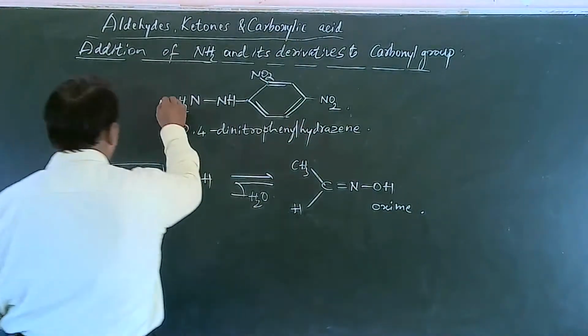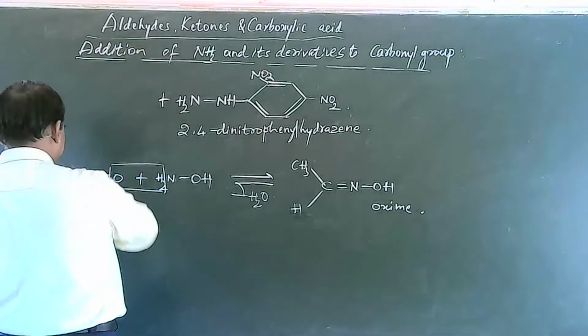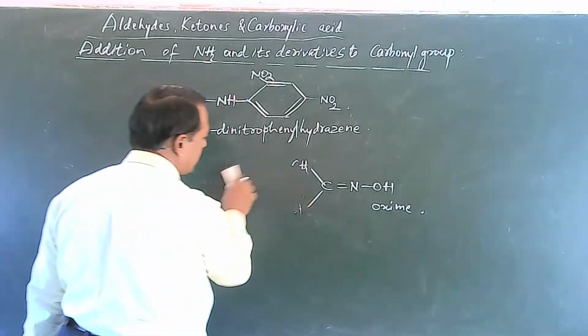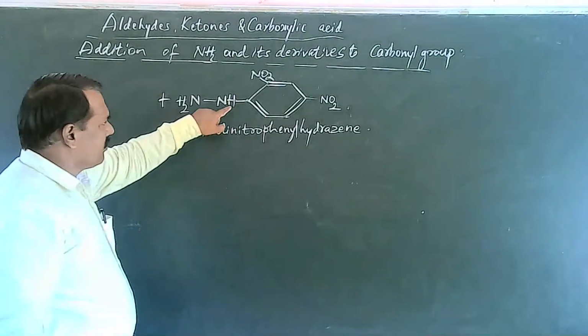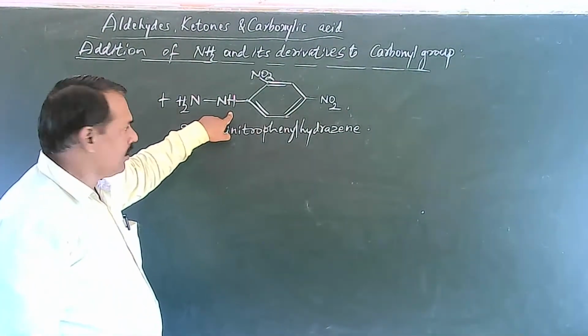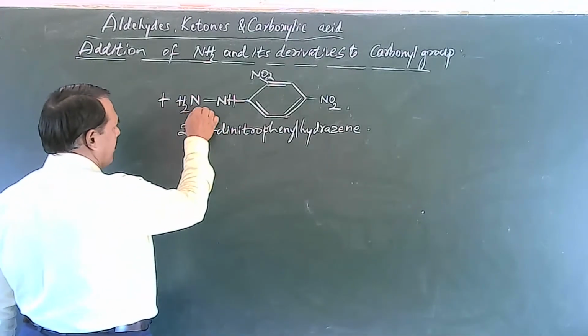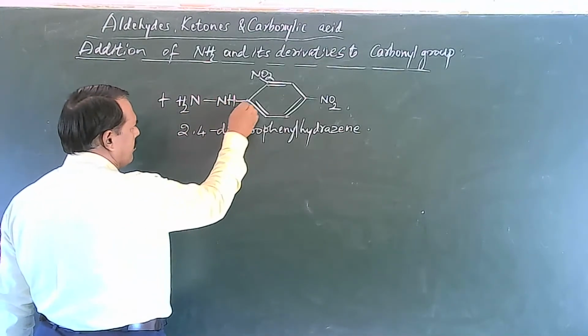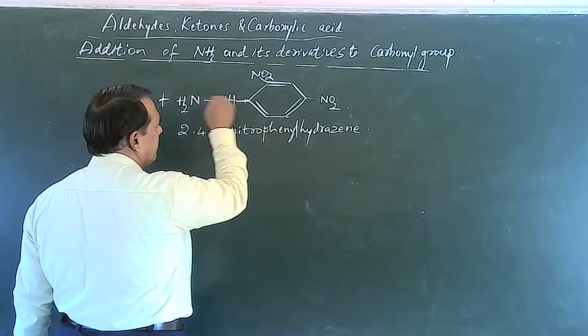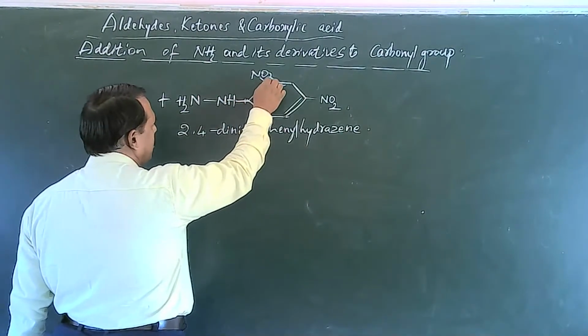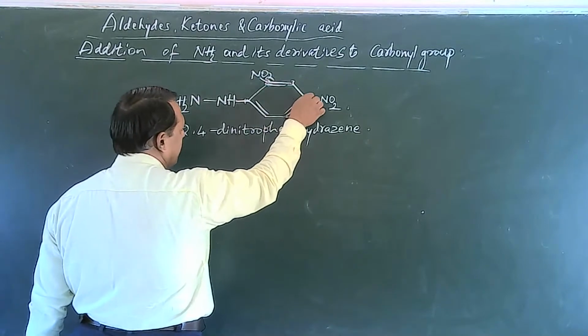See here, when it reacts with a carbonyl group, what is the name of this chemical? This is hydrazine where one of the hydrogen atoms is replaced, so substitution is there, at positions 2 and 4.